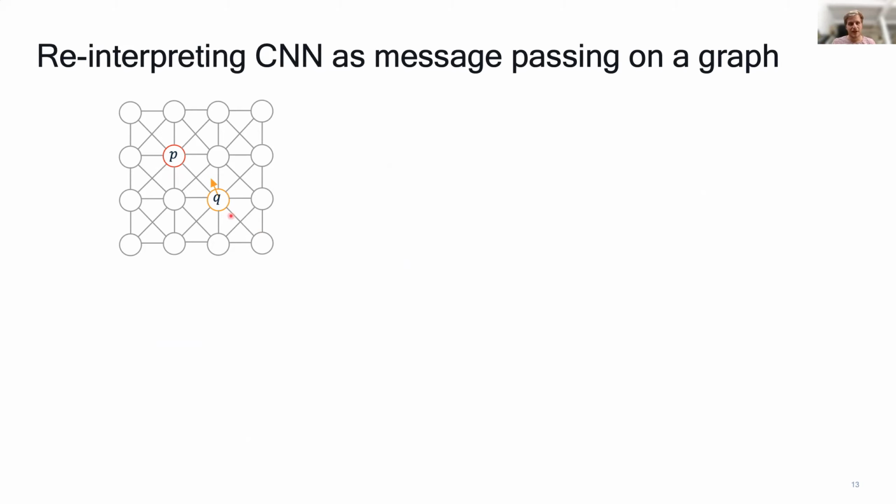Now this whole process of computing messages and aggregating them is equivariant if first passing the message from Q to P, giving a vector at P, and then transforming this feature along with a graph isomorphism yields the same feature as first mapping from Q to Q prime with a graph isomorphism, and then passing the message from here to here to get P prime. If these two paths are the same, then this message passing operation is equivariant.